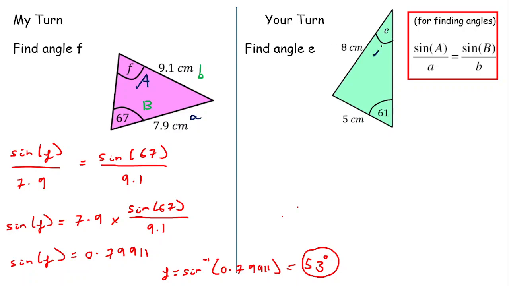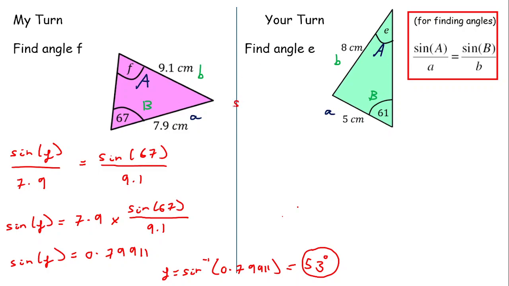Let's call that capital A. Your side opposite the angle is going to be lowercase a. Then your other angle, let's call capital B. Your side opposite the angle, lowercase b, and then we can go from here. Again, we're now just plugging in our parts into our formula. So we're going to get sine A, where A is E, that's the angle that you're trying to find.